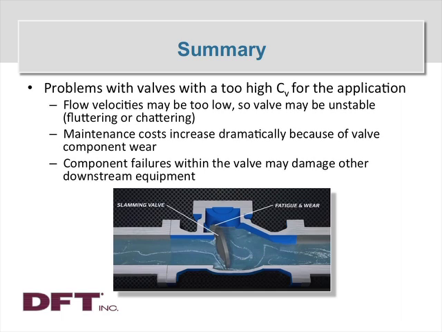If you hear this tap, tap, tap of an installed swing check valve, it's telling you that you've got a low flow rate and that disc is just swinging back and forth in this low flow condition, and it's going to wear out the hinge pin where that is pivoting from.